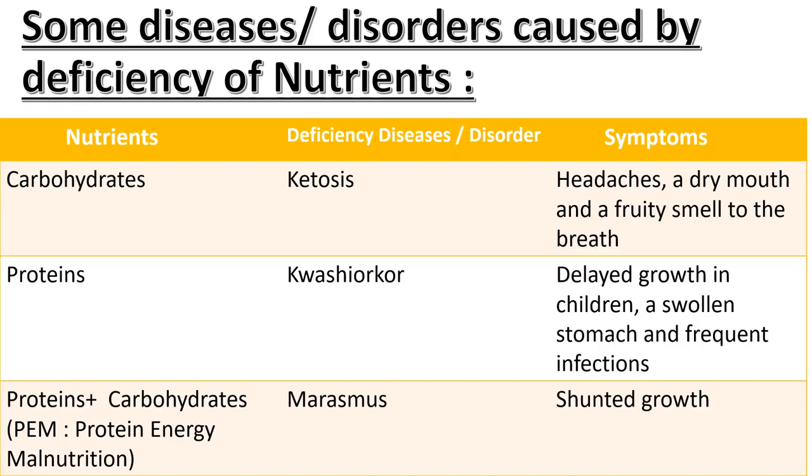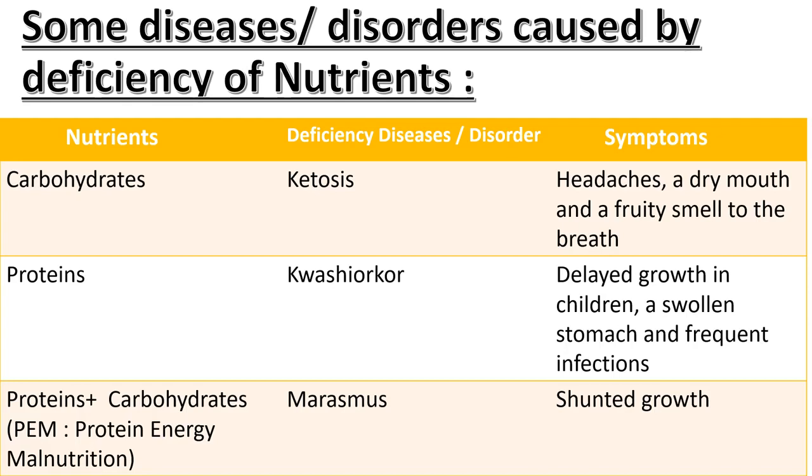If a person lacks carbohydrates in his or her diet, then he may suffer from ketosis. The symptoms of this disorder are headache, a dry mouth, and a fruity smell to the breath.